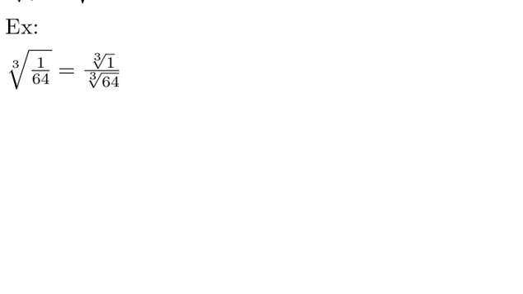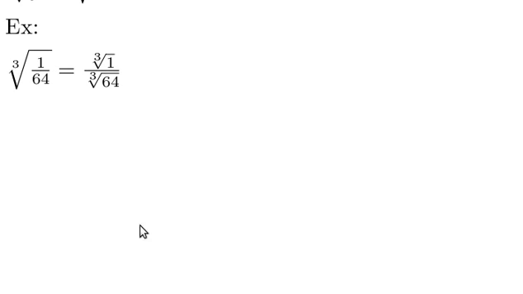I didn't do this right. I mixed something up. Here we go. Okay. This is equal to the cube root of 1 over the cube root of 64. So what's the cube root of 1? Well, it's just 1, because 1 times 1 times 1 is 1.